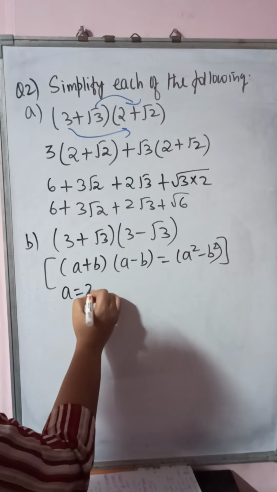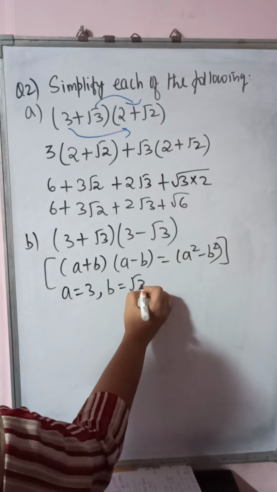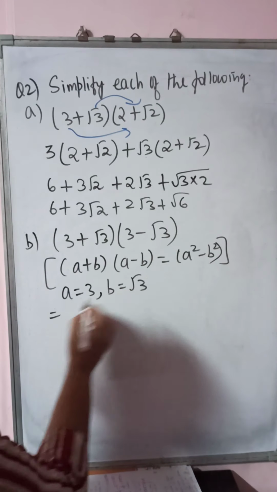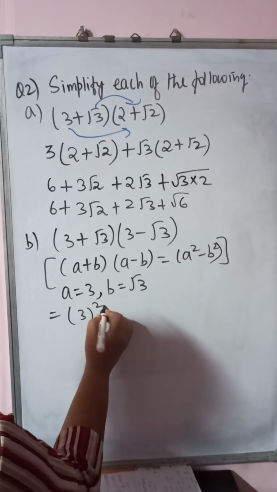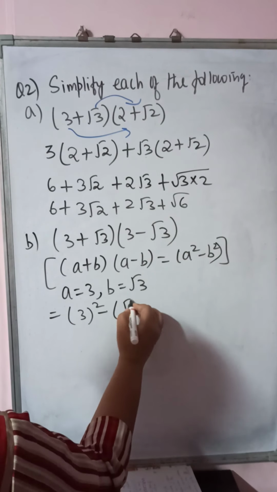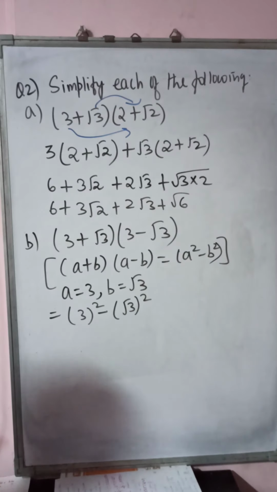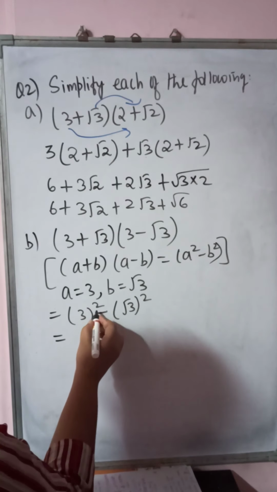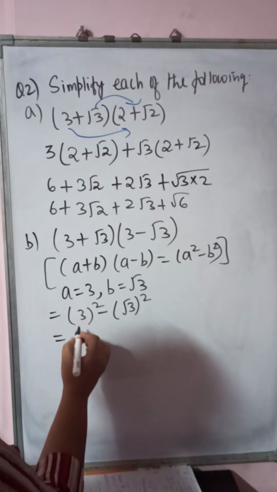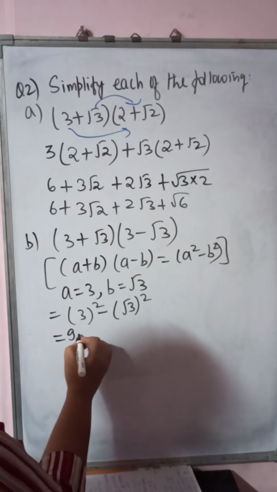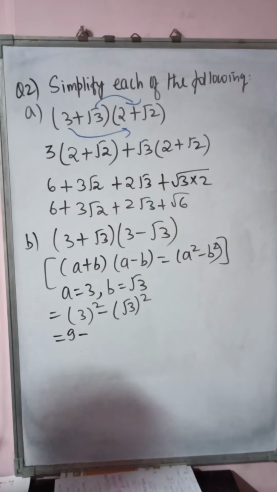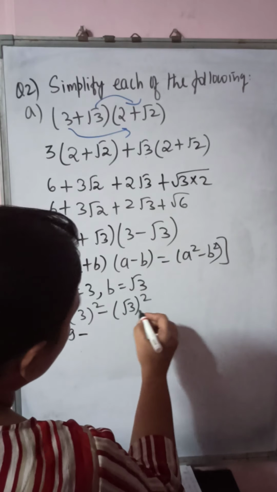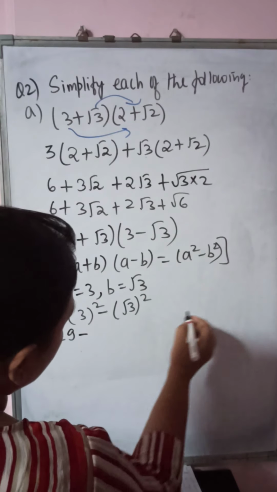Now a is 3 here and b is root 3. So simply you can write a square, that is 3 square, minus b square, that is root 3 whole square. Now again, 3 square is not 3 into 2. 3 square means 3 into 3, so 9 minus root 3 square. How can you simplify this?